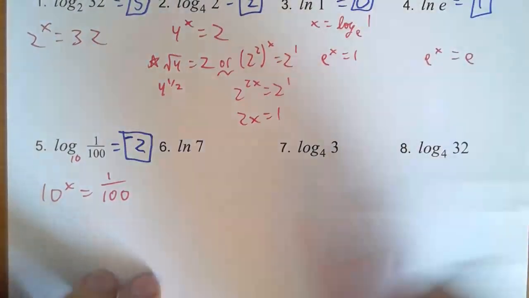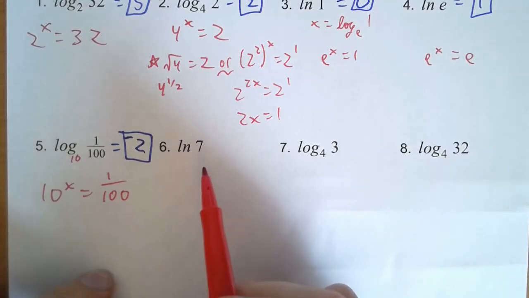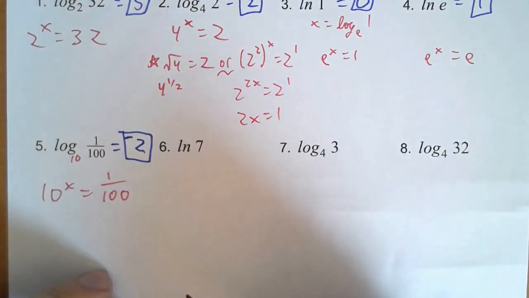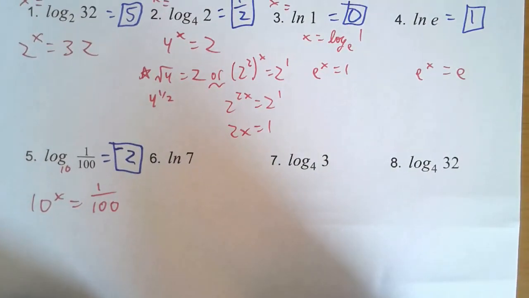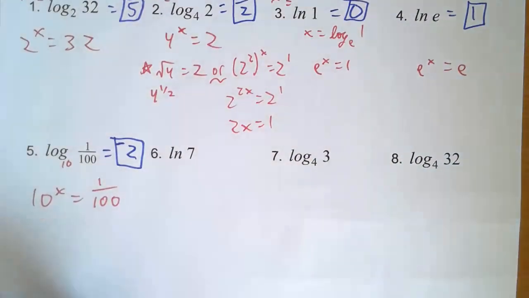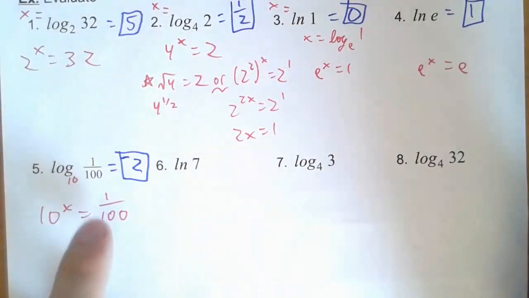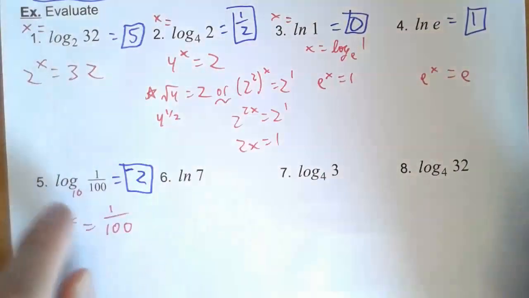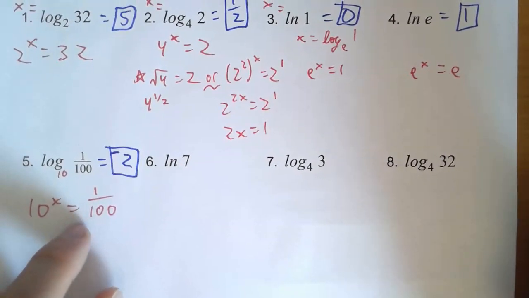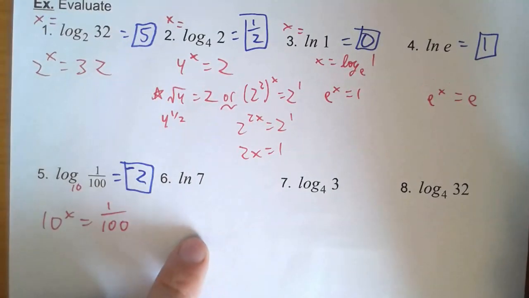Now, what about here, though? Natural log of 7. I want an exponent that I put on e to get 7. That's not going to be nice. You're going to need a calculator for that. So just know that some of these could be no calculator problems if they're very specially made, but certainly there's a lot of problems where you would need a calculator, because that's the whole point of logarithms.